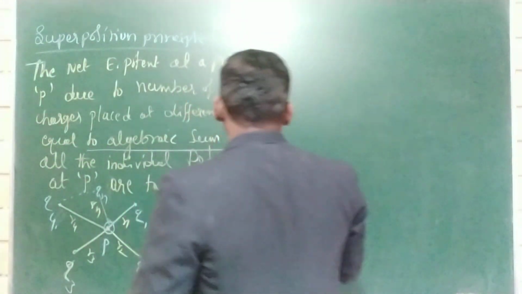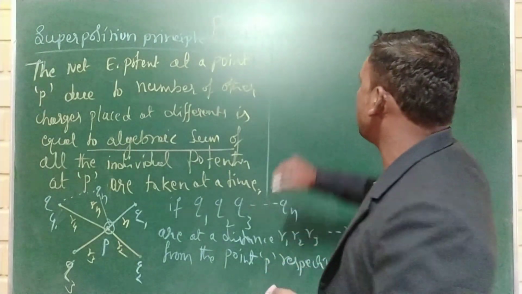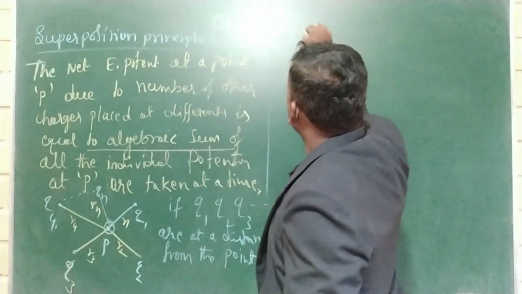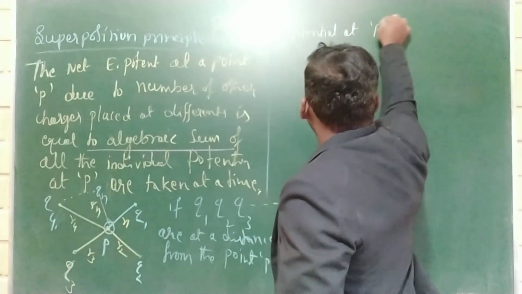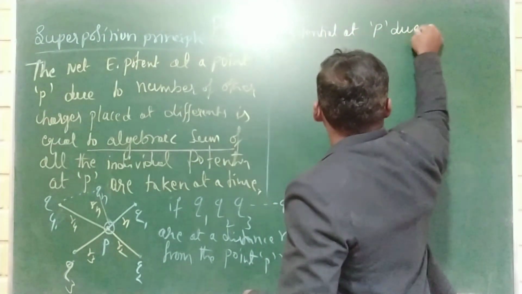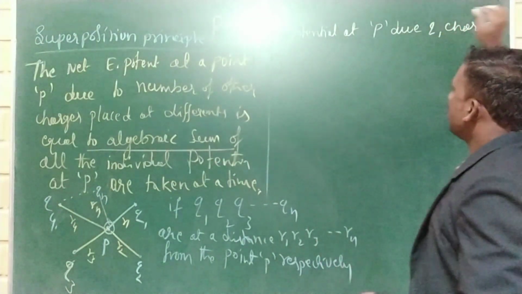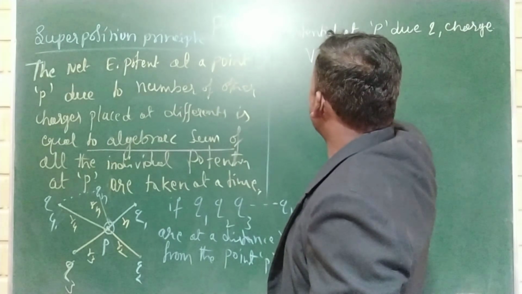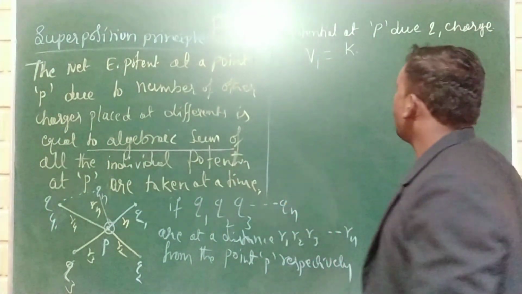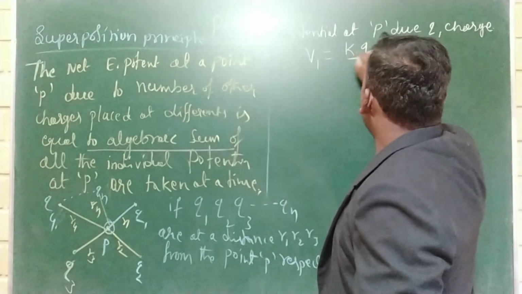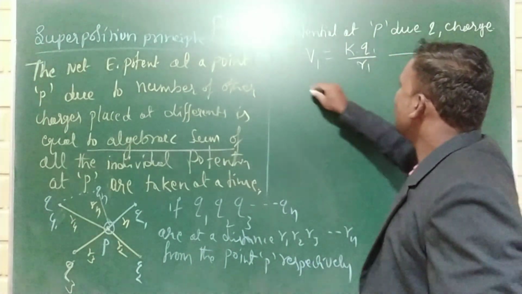First we have to calculate the potential at point P due to charge Q1. The potential at P due to Q1, denoted by V1, is equal to K times Q1 divided by R1, called equation number 1.